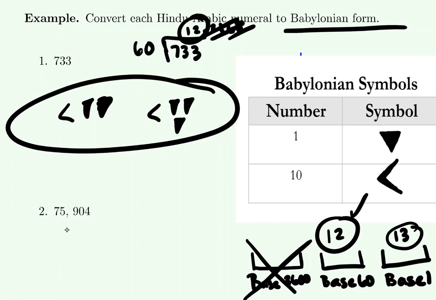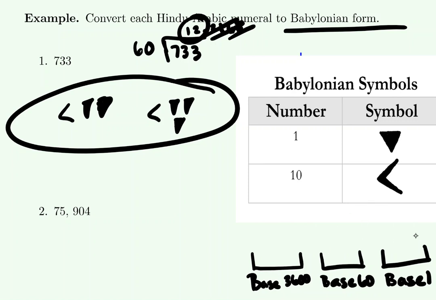Let's go through another example together, and then I'll ask y'all to work on one on your own when you pause the video. Here we're looking at 75,904. With bases 1, 60, and 3,600, what's the largest base that could divide it? Definitely 3,600 would divide 75,904.